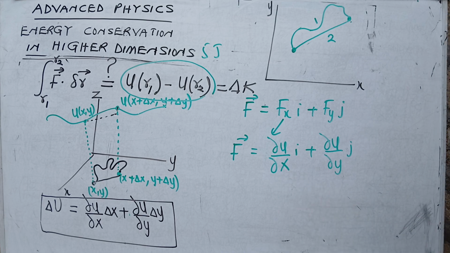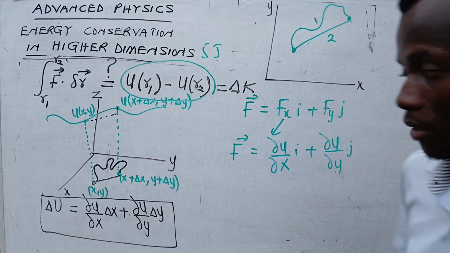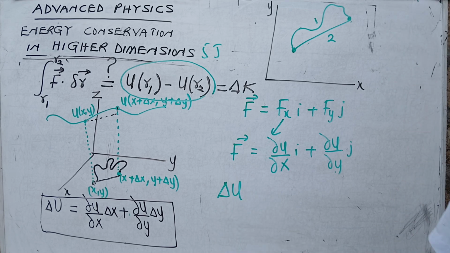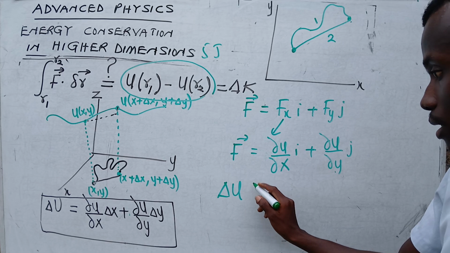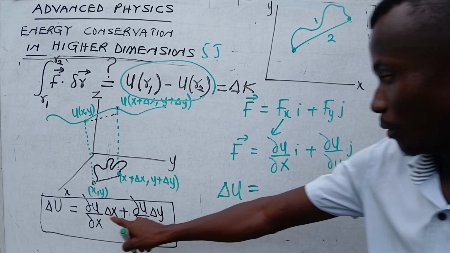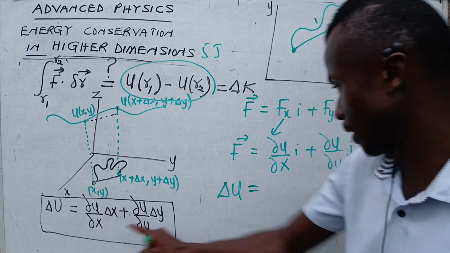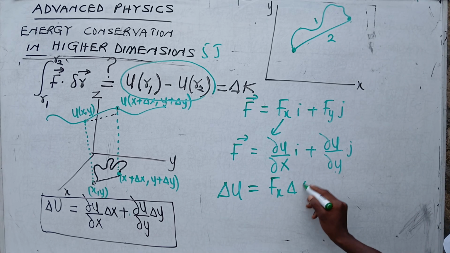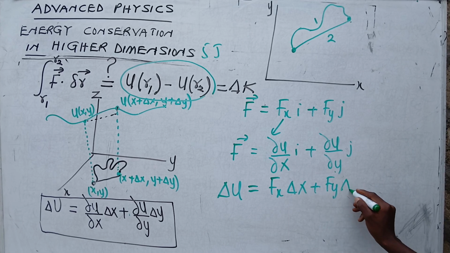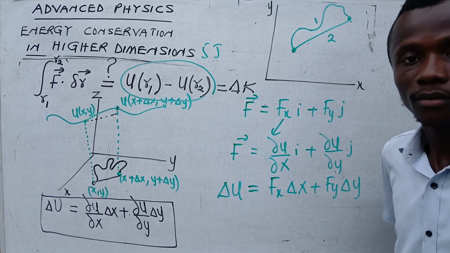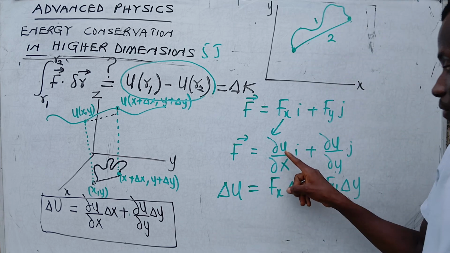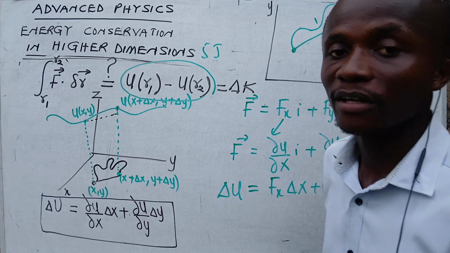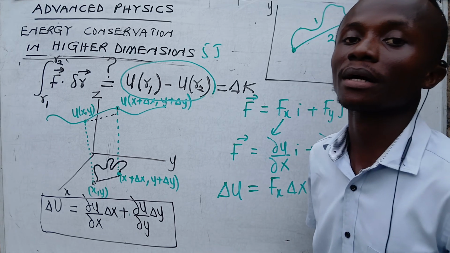So if we do this, then we can slot this equation back into the delta U. So the change in the height function in the 2D plane is going to be equal to, now we have expressed the partial derivative of the height function with respect to x as Fx, so that will be Fx times delta x plus Fy times delta y. We have defined the special force as a change in the height function with respect to x plus a change in the height function with respect to y. And eventually, the work done by this force will be independent of the path taken.